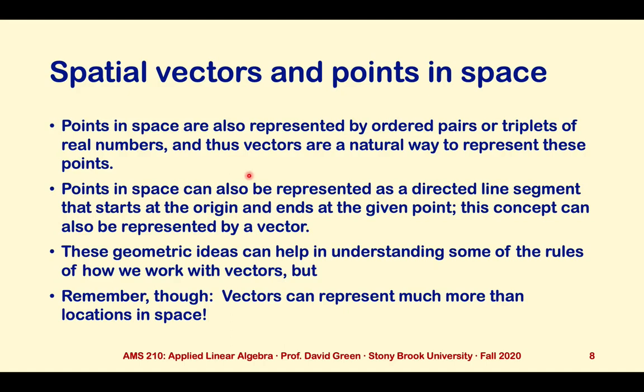We can represent that same idea as a line segment that starts at the origin and ends at that given point. This concept can also be represented as a vector. I'll give an example of this to help you in visualizing in a moment.